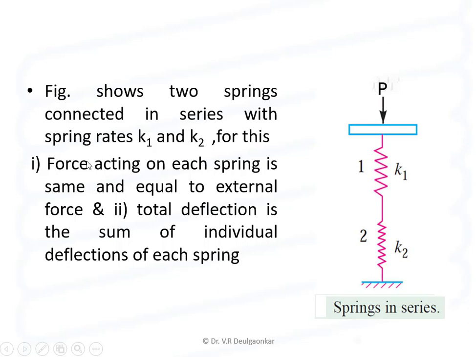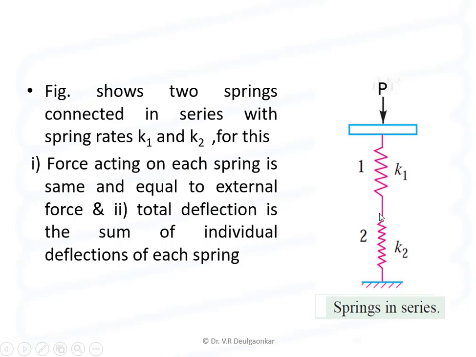For this combination, the force acting on each spring is the same and equal to the external force. That means P will act on K1, P will act on K2, and the total deflection is the sum of individual deflections of springs, that is delta 1 and delta 2.